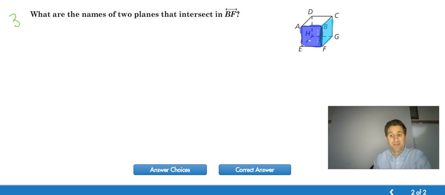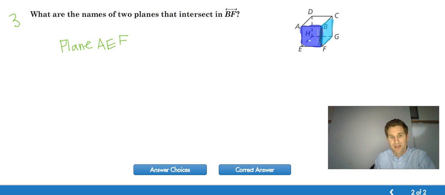How do we name planes? We have to use 3 non-collinear points. So that blue plane here, we could call it plane BFE or AEF or AFB. There's a lot of different options. Any of the 4 points in the front, we can just use 3 of them because they definitely do not all lie on the same line.